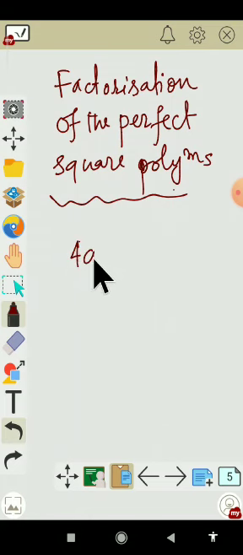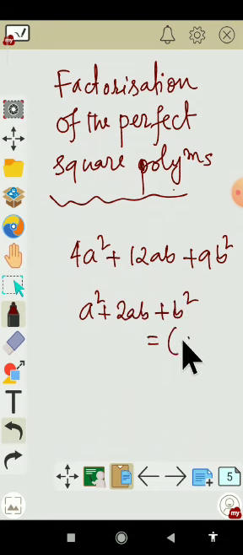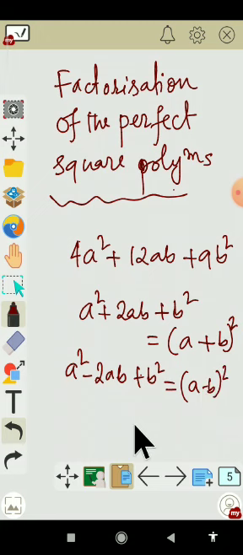Suppose 4a square plus 12ab plus 9b square is there. So we will use this formula, a square plus 2ab plus b square, which will be in the form a plus b whole square. Similarly, if it is given a square minus 2ab plus b square, we can write a minus b whole square.